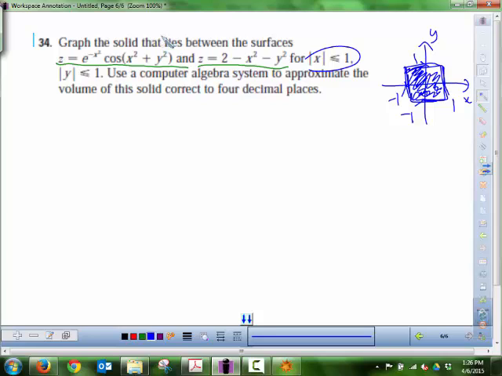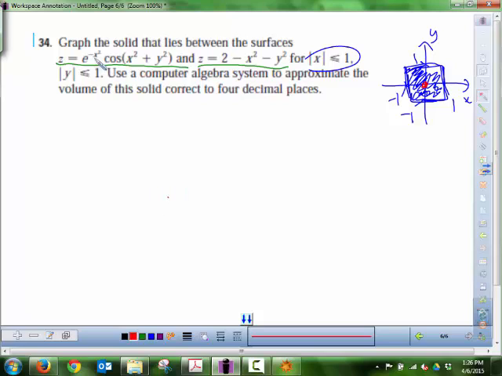At this point, the only thing that's important is to figure out which surface is greater than the other. There's a few ways to do that. One way is to just pick a point, and 0, 0 seems to be a nice, easy point. Pick a point in this region and plug it into both surfaces and see which one gives you the larger value.